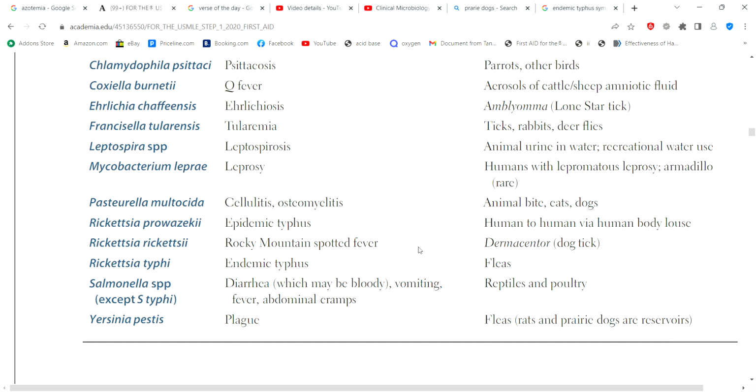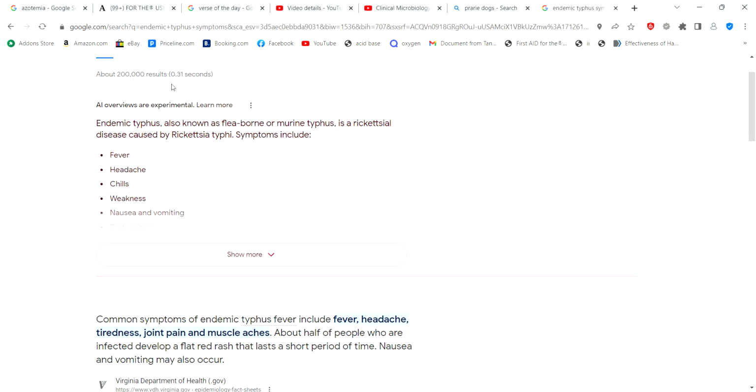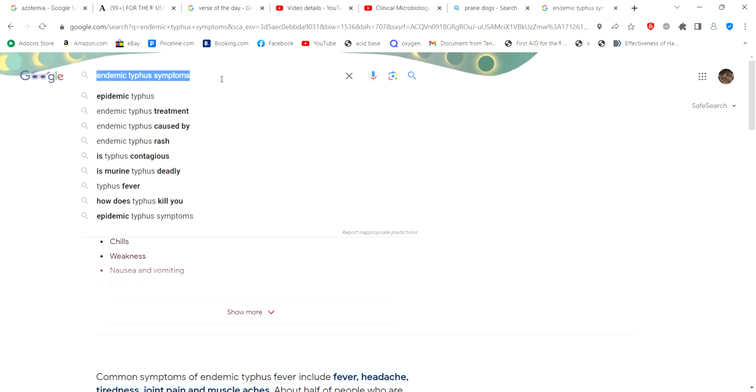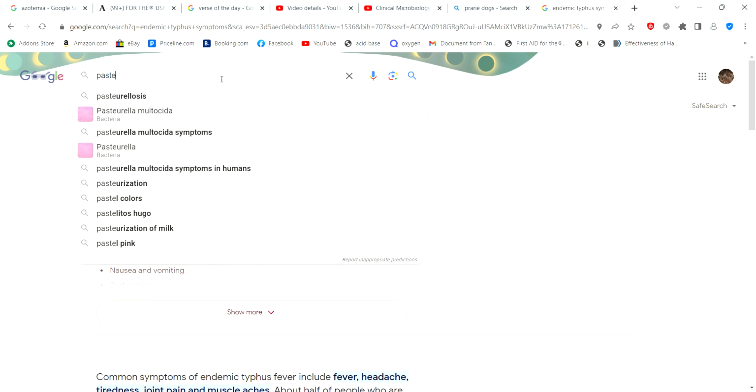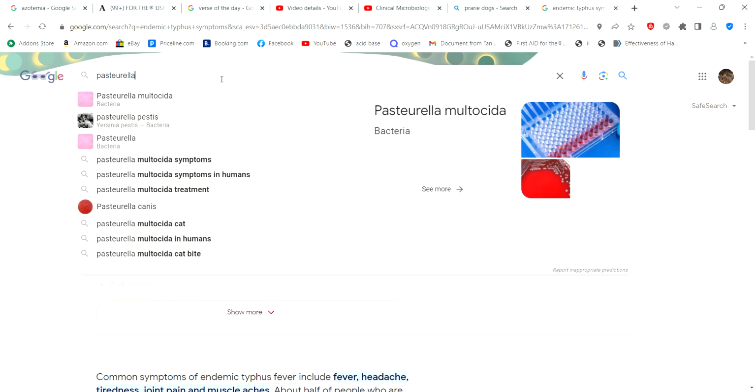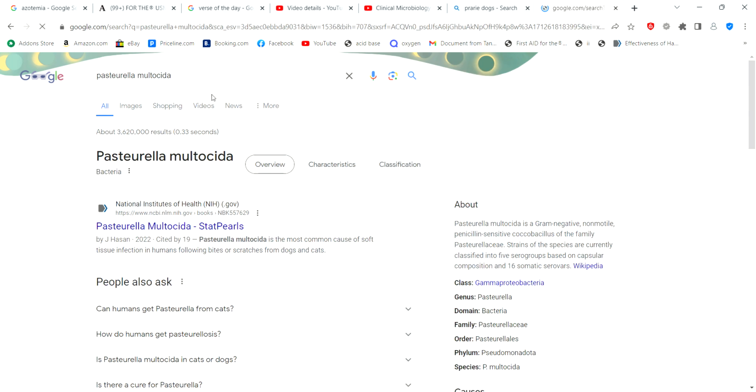Pasteurella multocida. I keep forgetting what that is too. You get it from dogs and cats, scratches from dogs and cats.